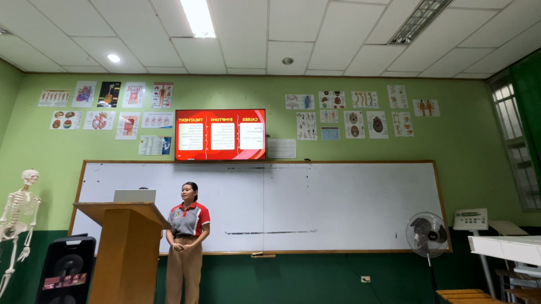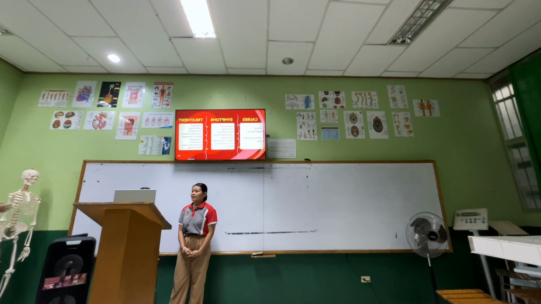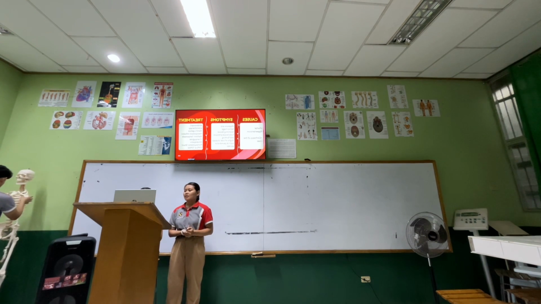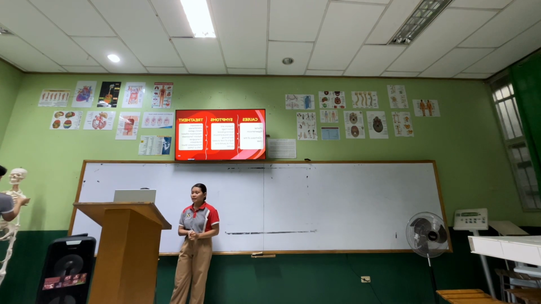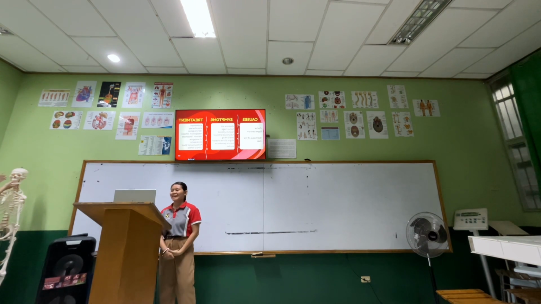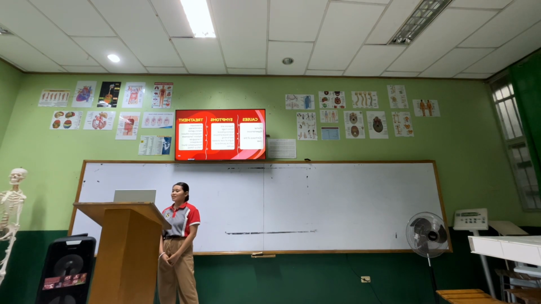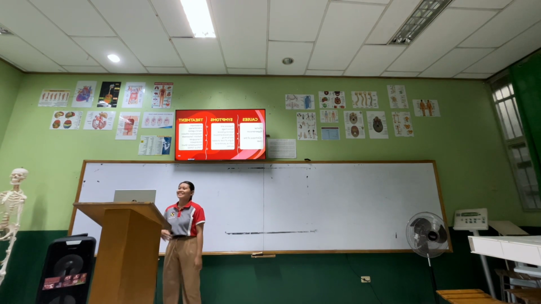So the causes are portal hypertension and cirrhosis of the liver, and the symptoms are rupture and hemorrhage, vomiting blood, low blood pressure, and fainting, and signs of liver disease such as jaundice and ascites.